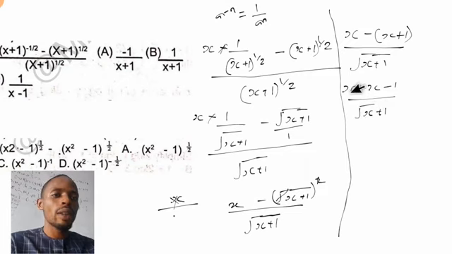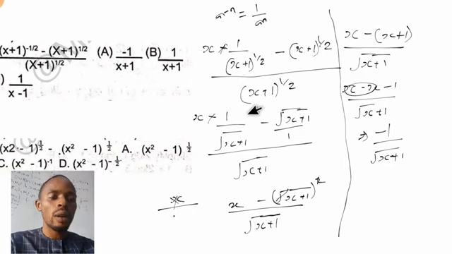And here we have minus s, this will give us 0. So the numerator becomes minus 1 divided by root of s plus 1.